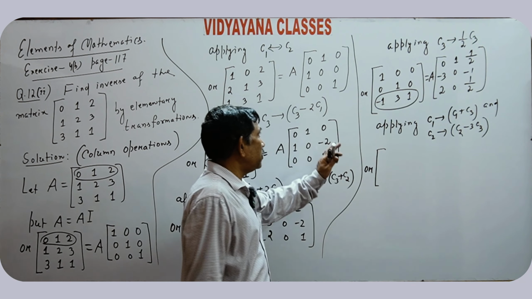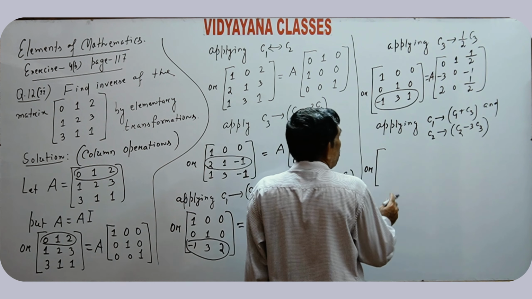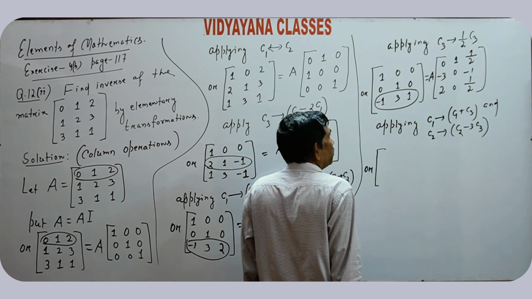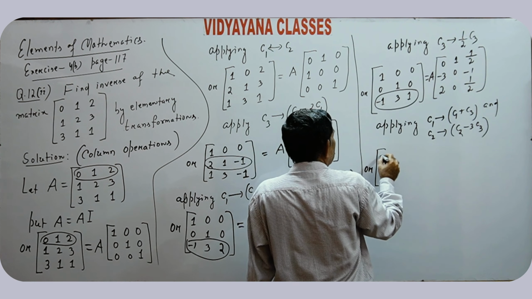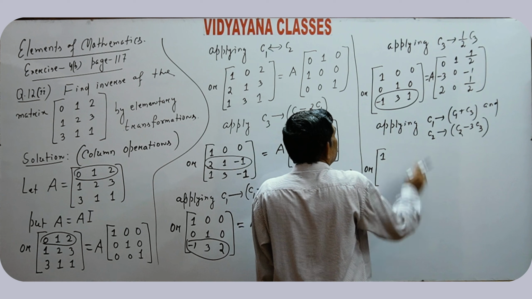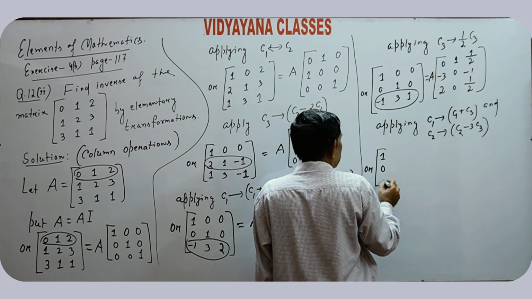The given equation will be: column 1 is replaced by column 1 plus column 3. 1 plus 0, that is equal to 1. 0 plus 0, that is equal to 0. Minus 1 plus 1, that is equal to 0.